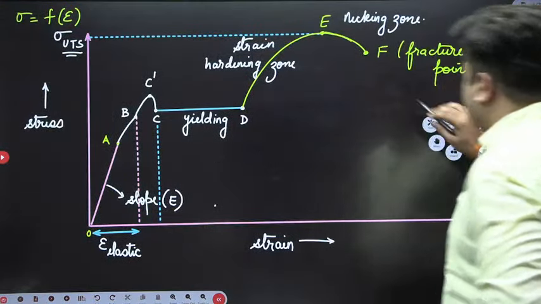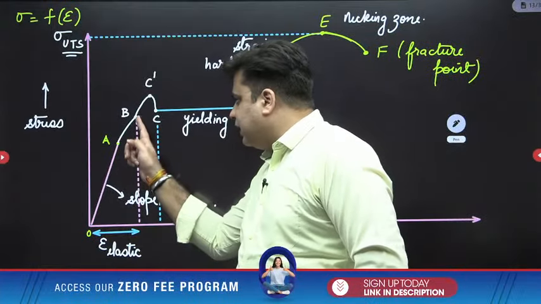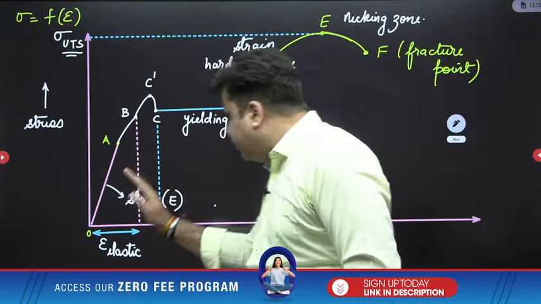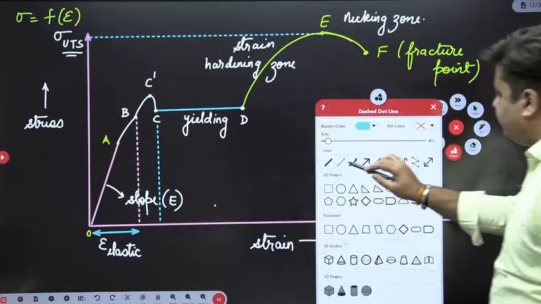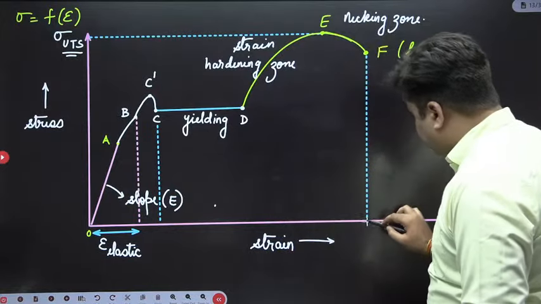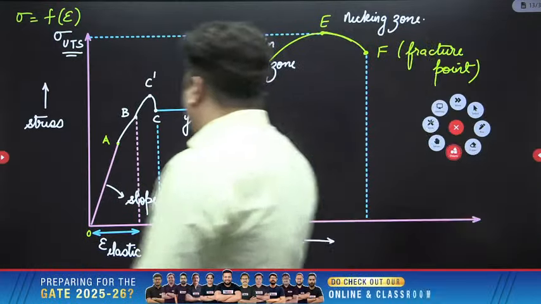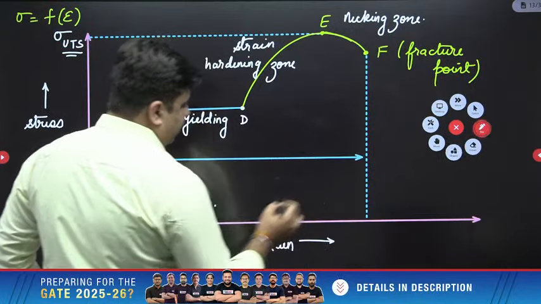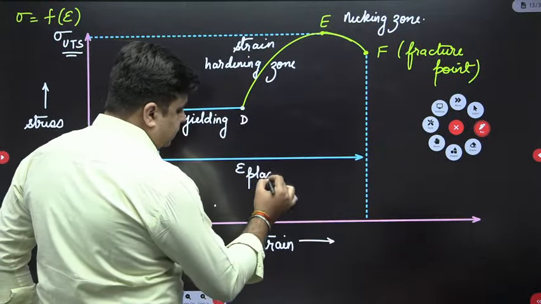I would just like to tell you a few things here. The strain up to the elastic limit is called elastic strain. The value of strain beyond the elastic limit till the fracture point is called plastic strain. Check this out.